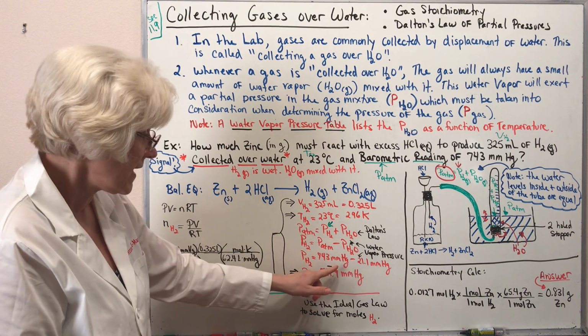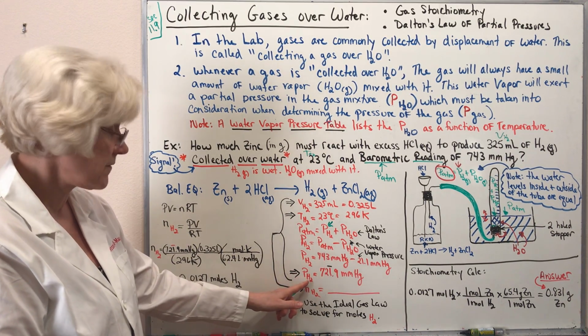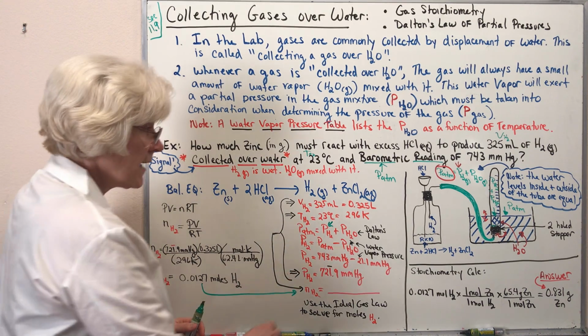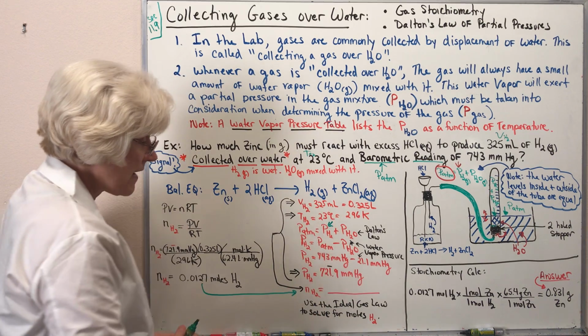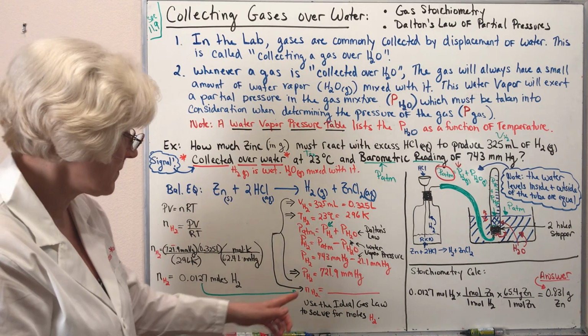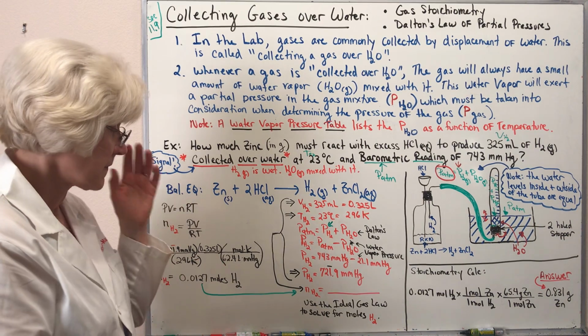So, plugging in the data, the simple subtraction, I have the pressure of hydrogen alone in this tube, or the partial pressure of hydrogen, is 721.9 millimeters of mercury with the uncertainty in the ones place.